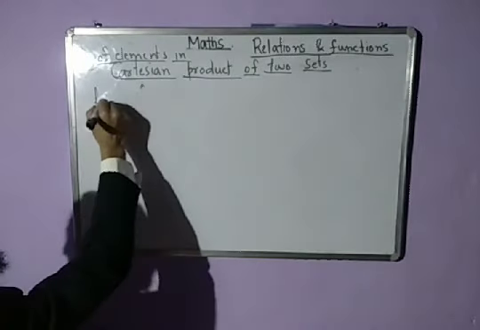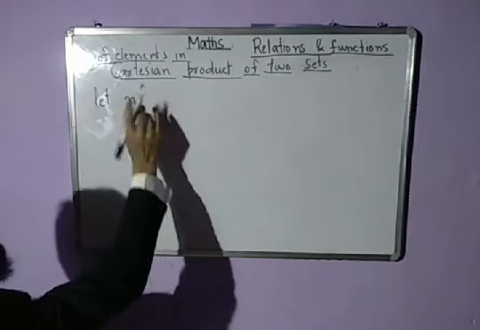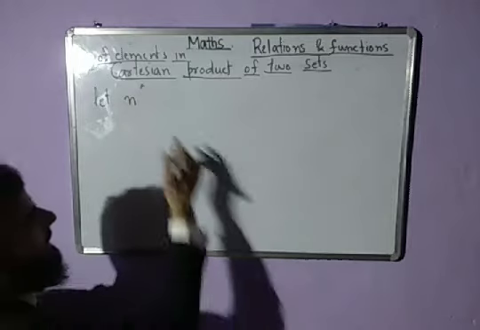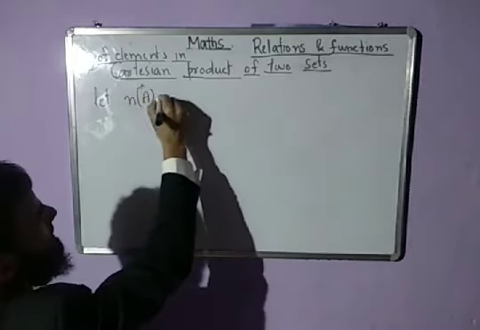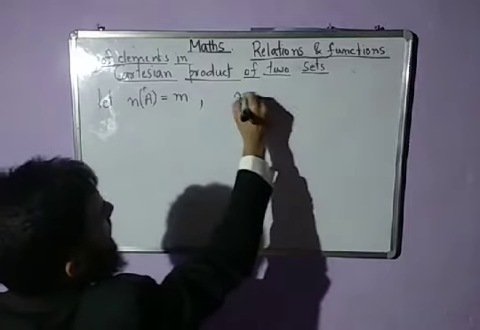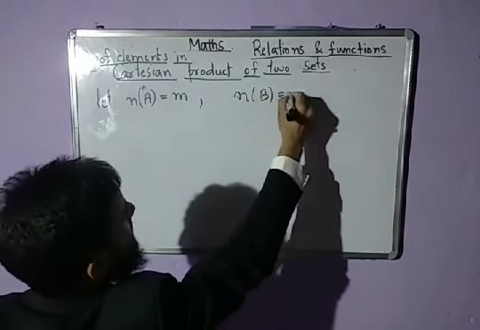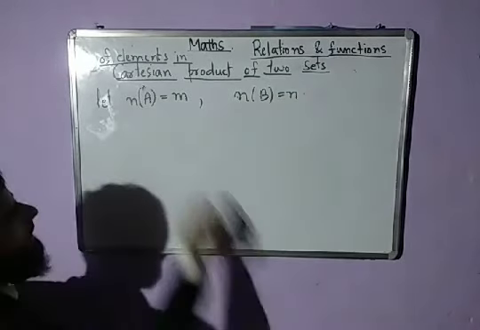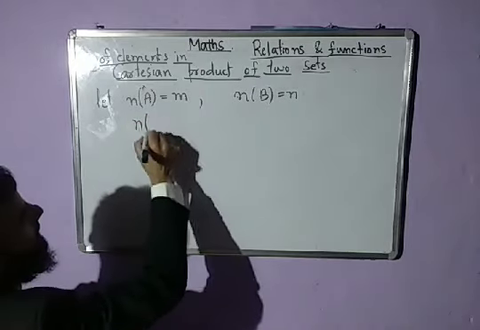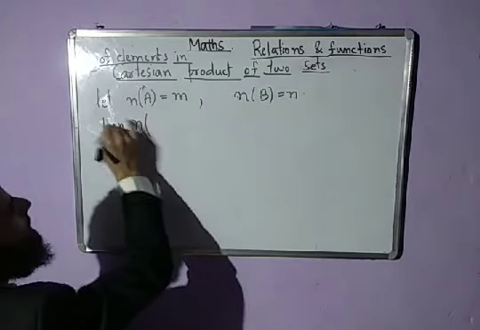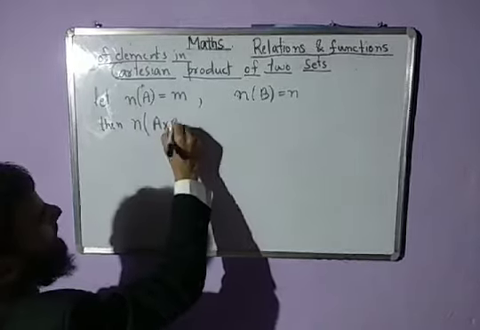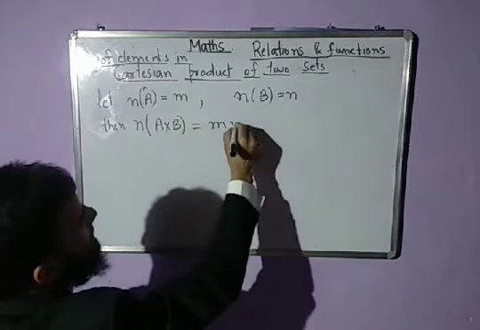Let's suppose we have two sets, set A and set B, and the cardinality of A is, let's suppose, m, and the cardinality of B is n. Then the number of elements in A cross B would be equal to m times n.